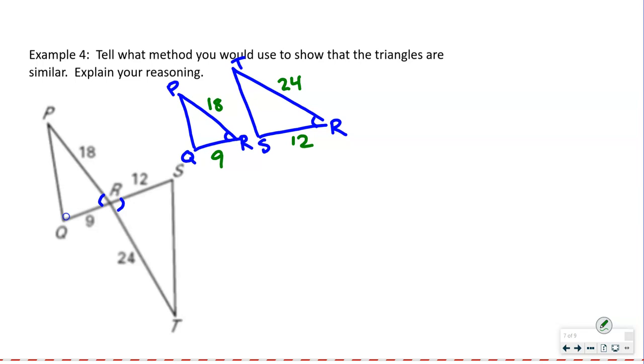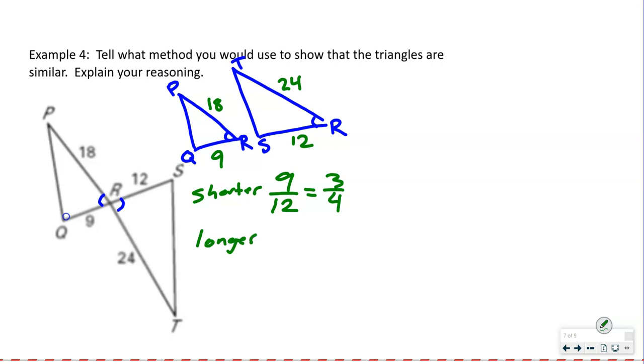So now it's a little easier to see which ones match up, which ones correspond. So we can say 9 over 12, which simplifies to 3 over 4. These are our shorter sides. Remember, start with shorter and then go longer.